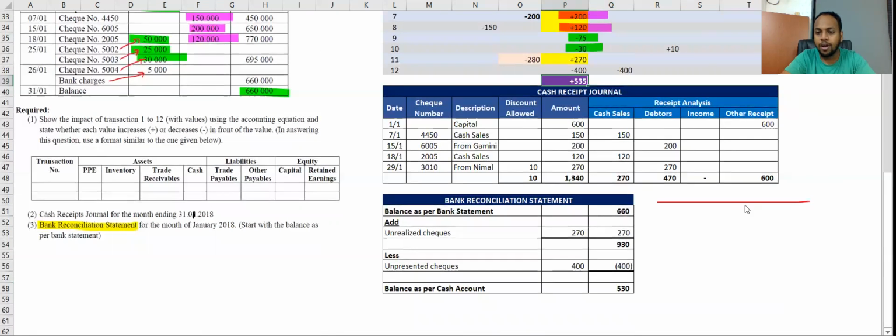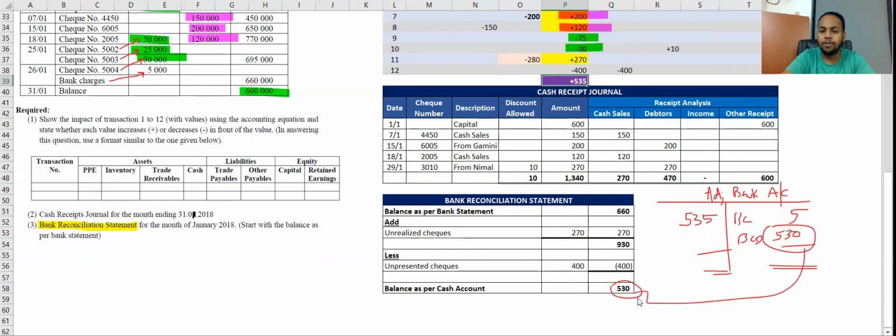So if you draw an adjusted cash book, it has an opening balance of 535 and the closing balance is 530. There is a bank charge of 5,000, so you get 530. So that is this amount. Right?